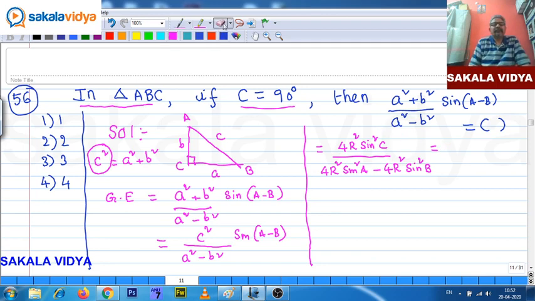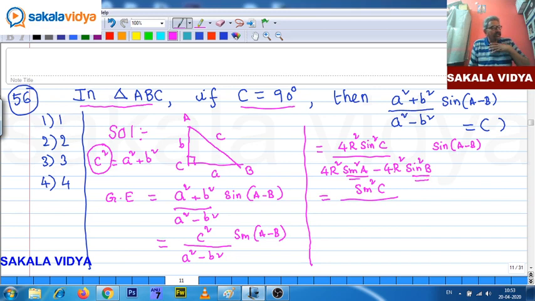This is the problem with this pen. Multiplied by sine of A minus B. So now in the numerator we have 4R square. In the denominator we can take out 4R square common. That means 4R square cancel. We have sine square C by sine square A minus sine square B.